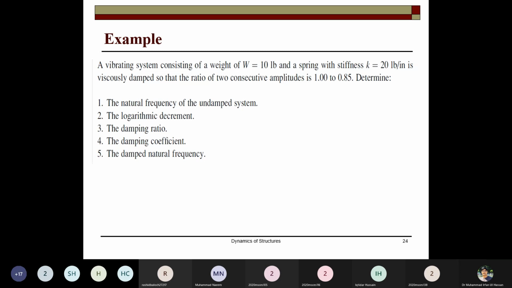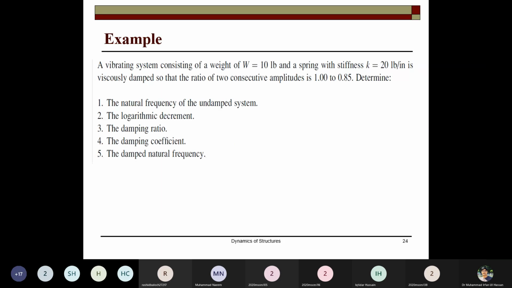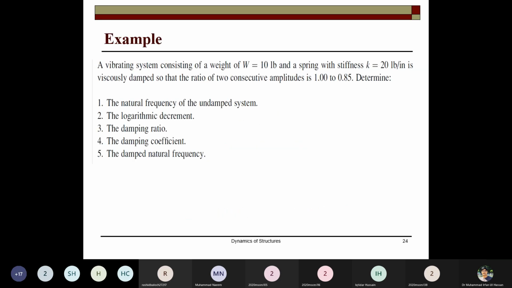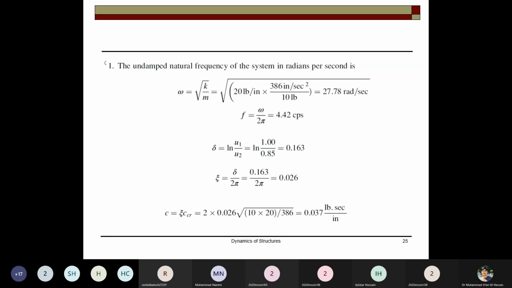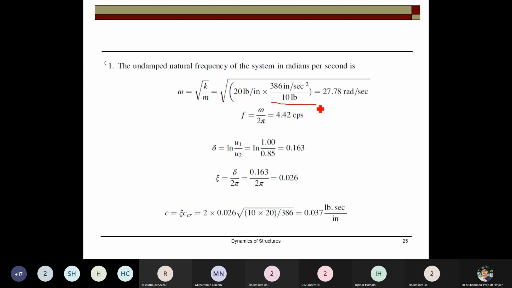So in this system, omega, which is the unknown natural frequency, you know, is the square root of K over M, and the stiffness K is given. K over M can also be computed because the weight is 10 pound, so M is W over g, you have to divide by g.